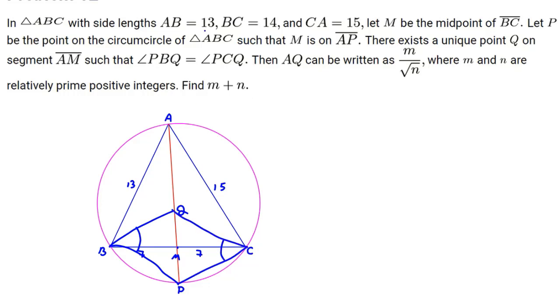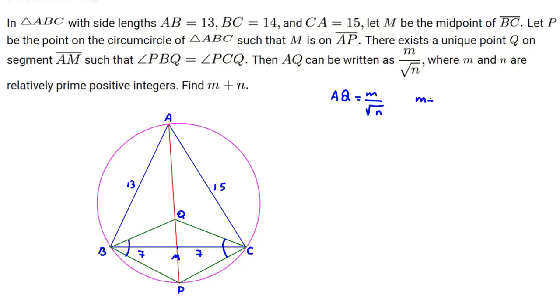Okay, let me draw this. So it is Q, this angle equal to this angle. Now it says then AQ can be written as m over root n, where m and n are relatively prime.